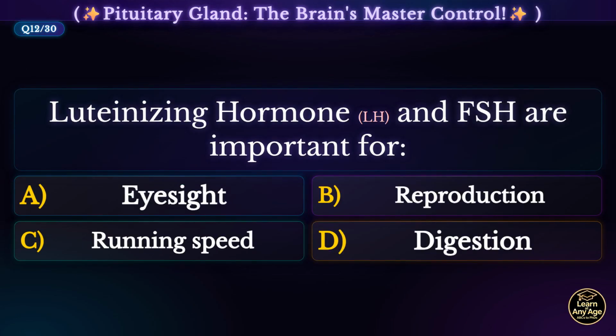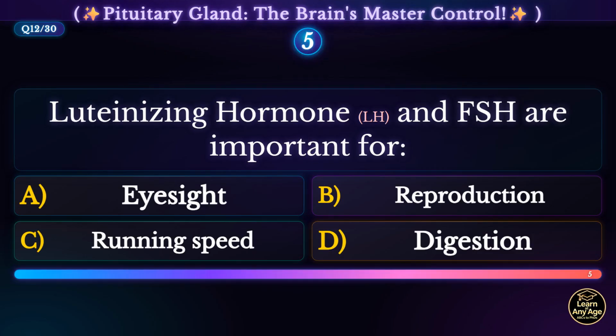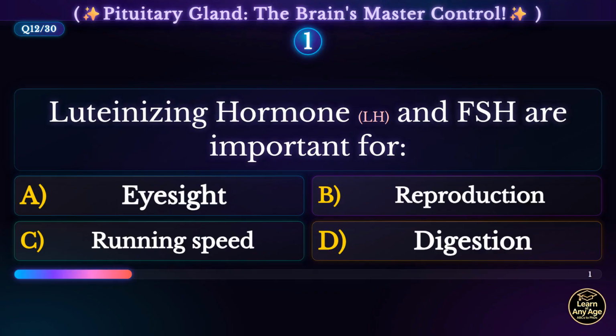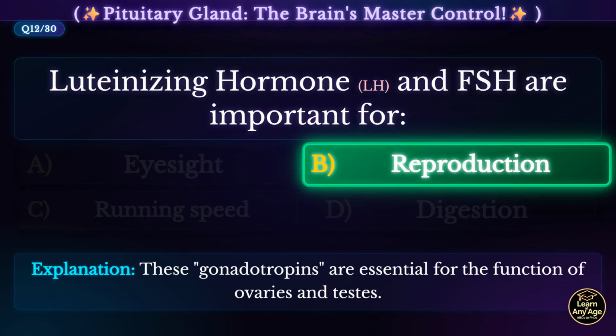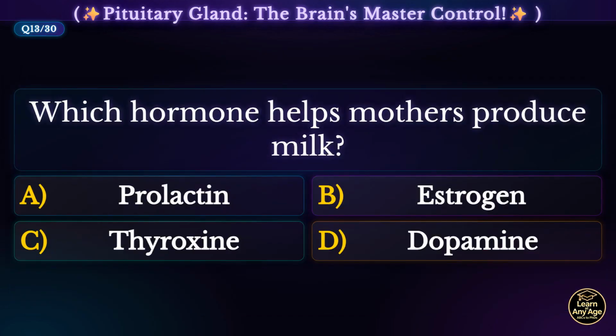Luteinizing hormone, LH, and FSH are important for reproduction. These gonadotropins are essential for the function of ovaries and testes. Which hormone helps mothers produce milk?